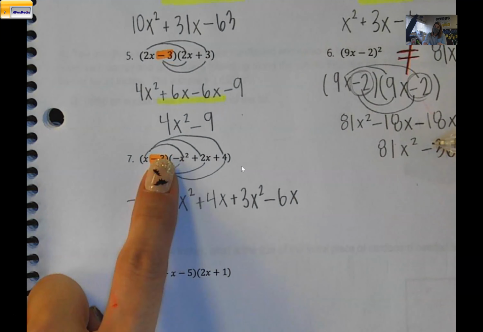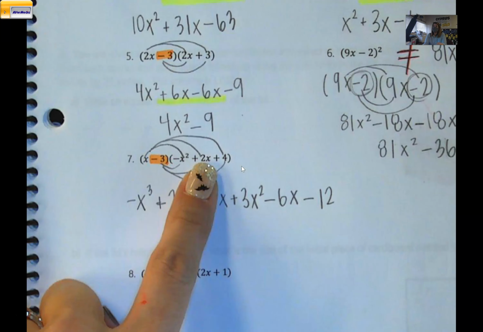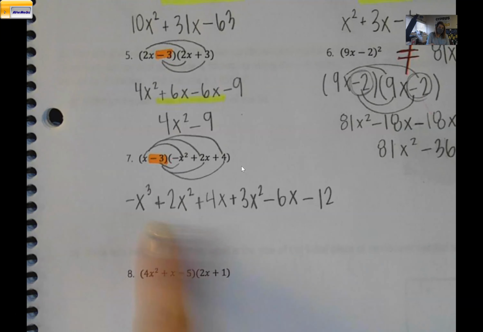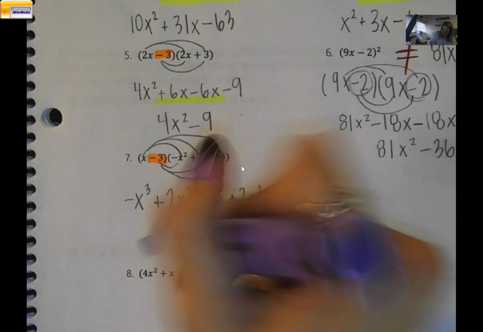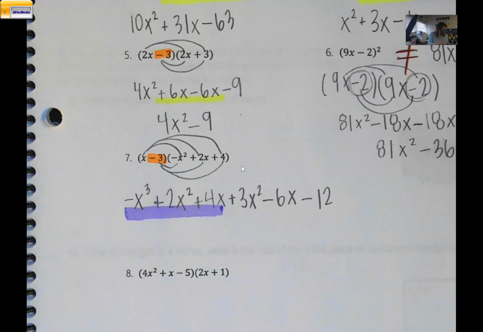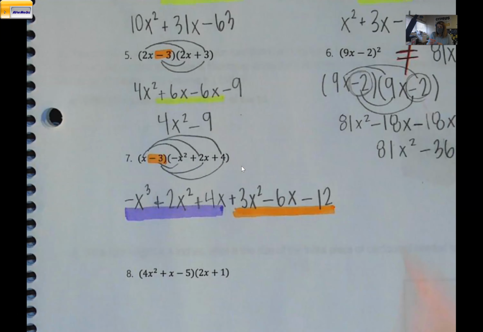And lastly, negative 3 times positive 4 is going to give us negative 12. So each term gave us 3 underneath. I'm going to mark those. So this is from the x, and this was from the negative 3.